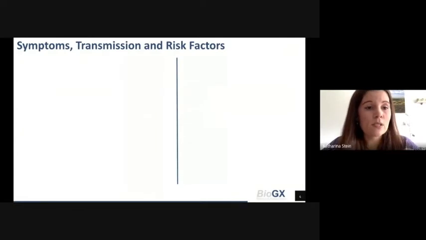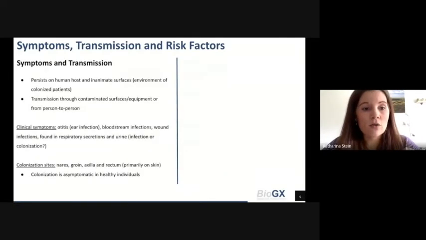Okay, so symptoms, transmission pathways, and risk factors. So Candida auris thrives on human skin, but it can also be found on inanimate surfaces. So it's commonly found in the direct environment of a colonized patient. So for example, on the bed or chair rails, bedside table, door handle, light switch, so all kinds of high contact areas.